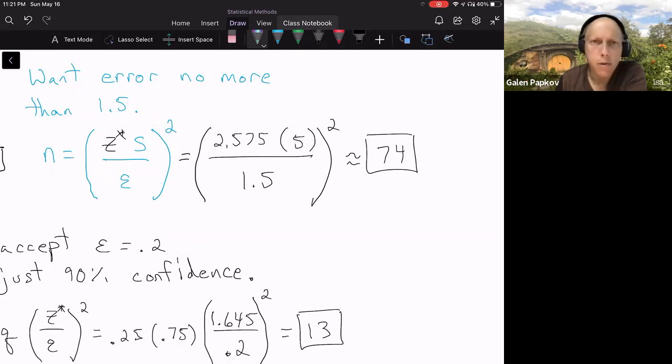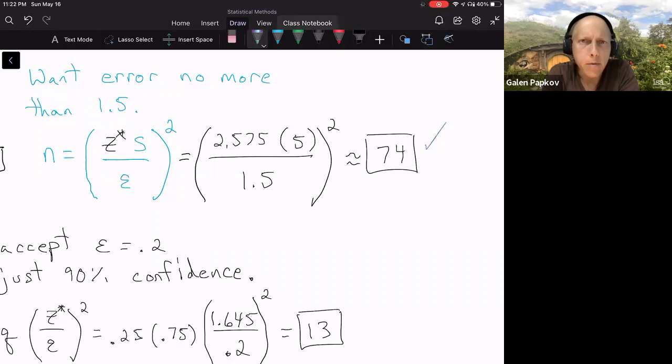You always round sample size up, even if this was 73.01, and that's closer to 73, you round up to 74. So check the calculation, make sure you're able to do this in your calculator, but that's where the 74 came from. And before we go into another example, some of you may be wondering, well, if I'm using S, why am I not using T star?